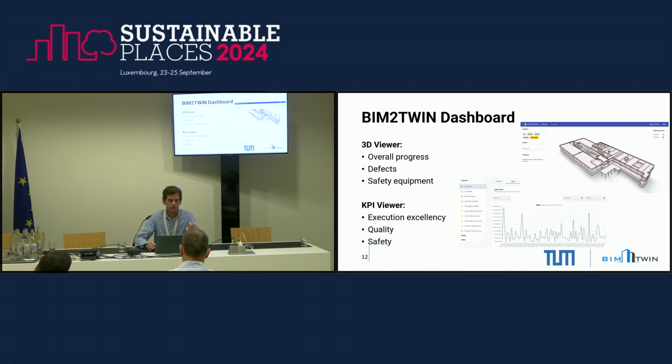In the end, this information will be shown in the BIM2Twin dashboard. On the one hand, you have this 3D viewer where we can give the elements different colors based on whether they're already constructed or not, or if there are some delays or defects. But then we also had different KPIs defined based on safety aspects, quality, and execution that try to summarize the current status of the construction site.